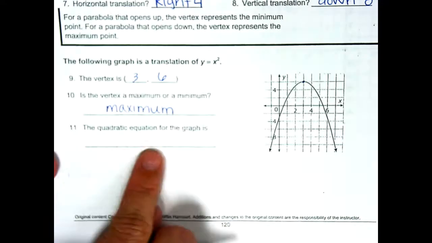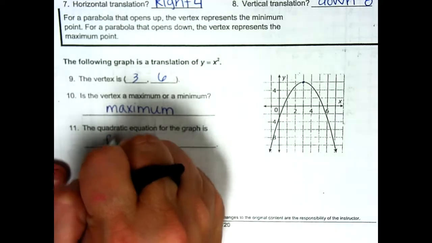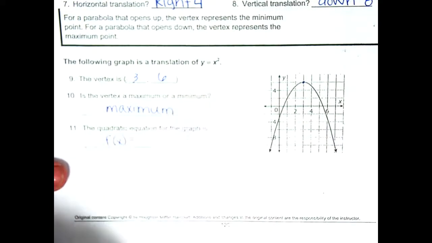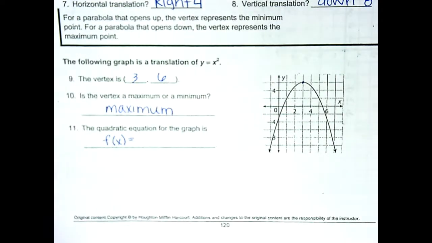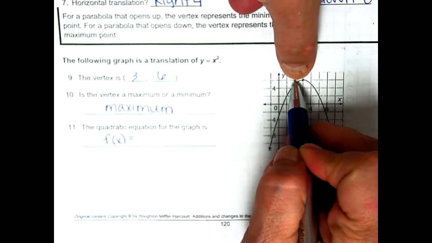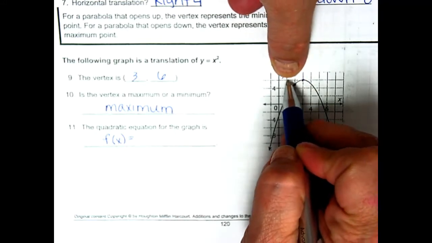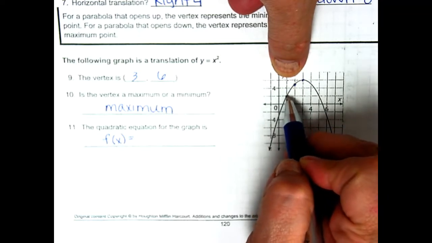And then the quadratic equation for the graph. So we would start with f of x equals. First thing we have to decide, is there a stretch or a shrink? From the vertex, if I go out 1 and down 1, I hit a point. Out 2, down 4.